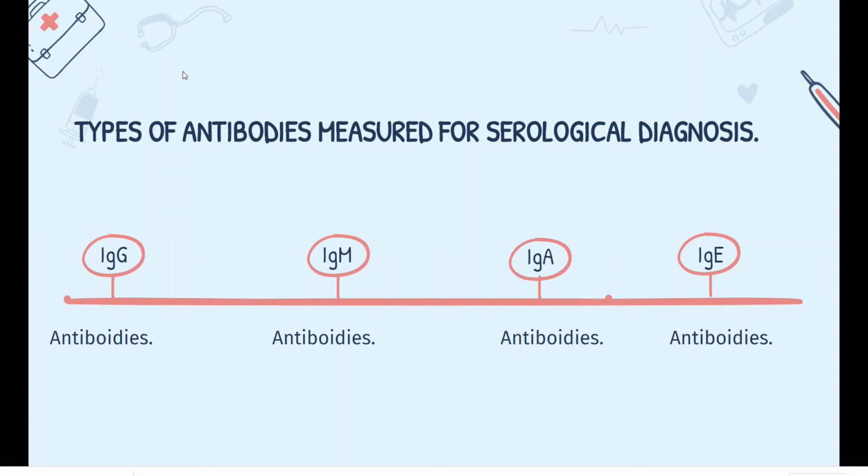IgM antibodies. These antibodies are mainly demonstrated by IFA, ELISA, or ISAGA. IgM antibodies rise and decline more rapidly than IgG antibodies. A positive IgM can reflect one of the following situations. 1.